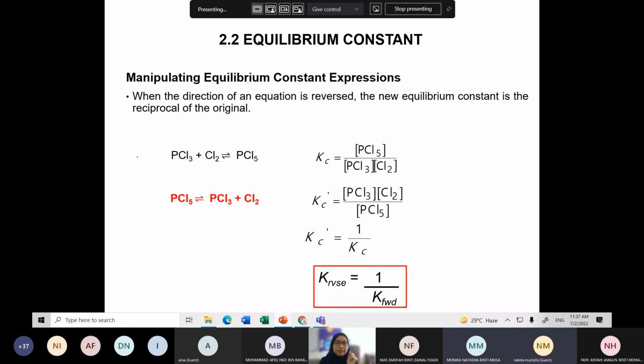For example, this is the original reaction: PCl3 plus Cl2 producing PCl5. This is the Kc expression with respect to this reaction. Let's say we want to calculate the Kc for the reverse reaction. How do we determine the value of Kc for the reverse reaction?